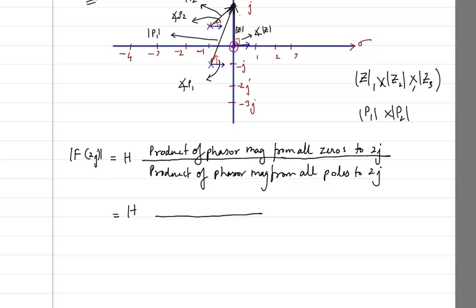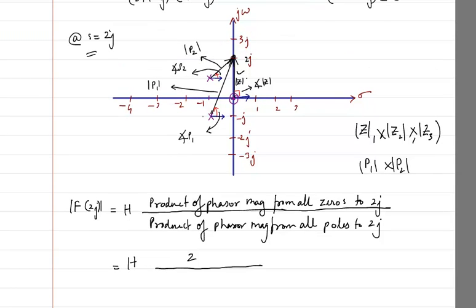Now look at the magnitude. I am only looking at the length, not the direction. So from here, this was j and this was 2j, so this length of j is going to be 2. Similarly, the length of P1, how will I calculate it?